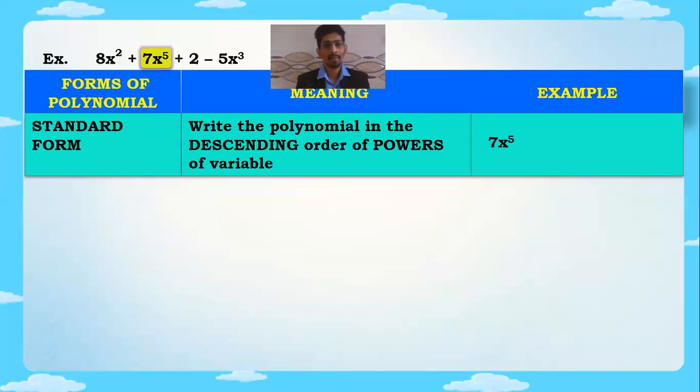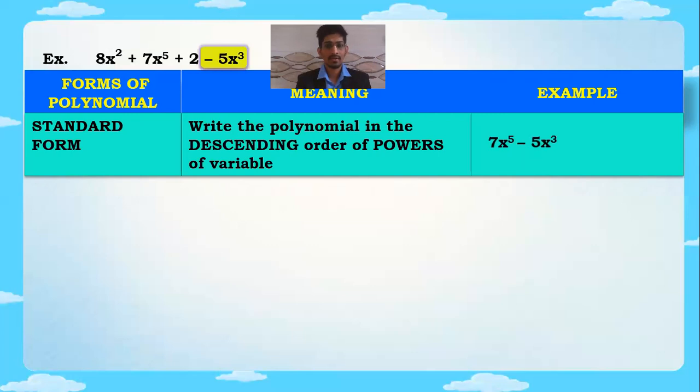After this 5, if you observe the given polynomial, which term should we write? Yes, we are going to write minus 5x raised to 3. The power smaller than 5, that is raised to 3, along with the sign. So we are going to write minus 5x raised to 3.